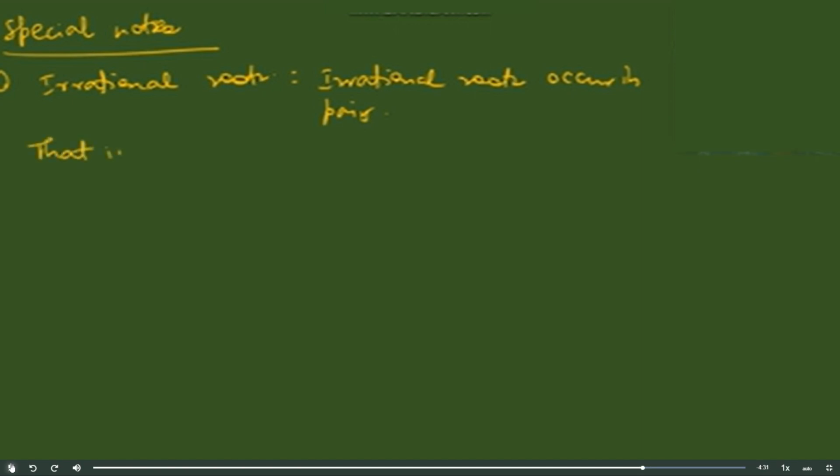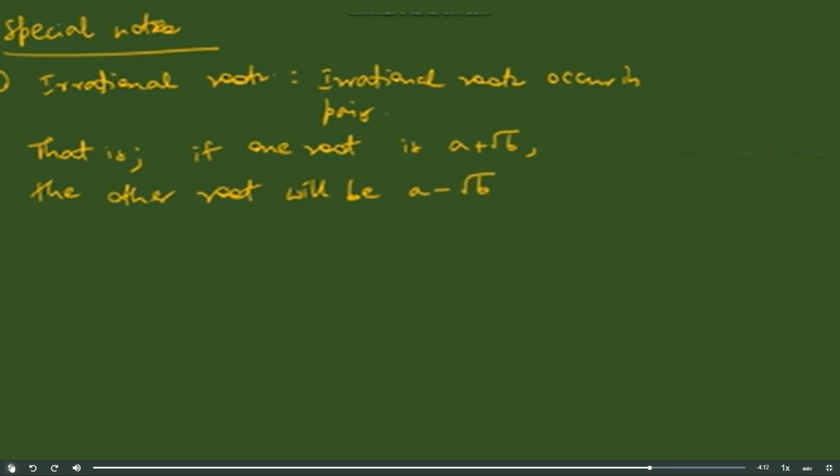That is, if one root is a plus root b, the other root will be a minus root b.